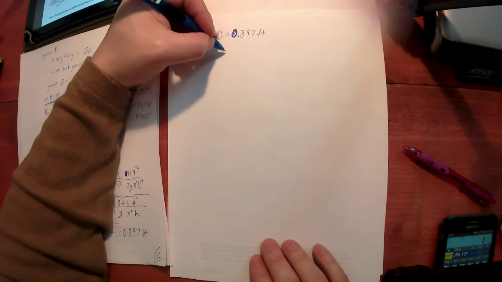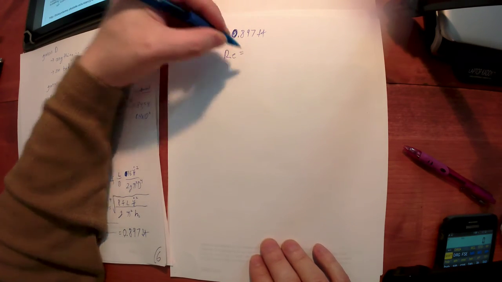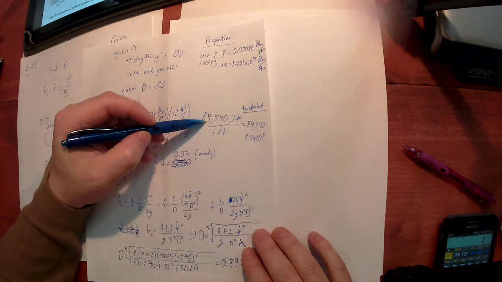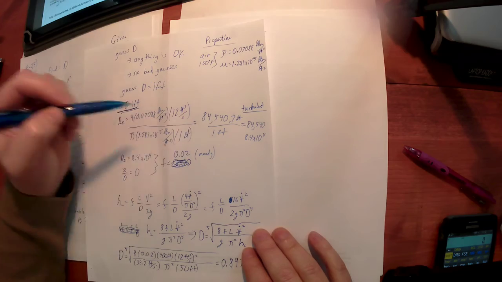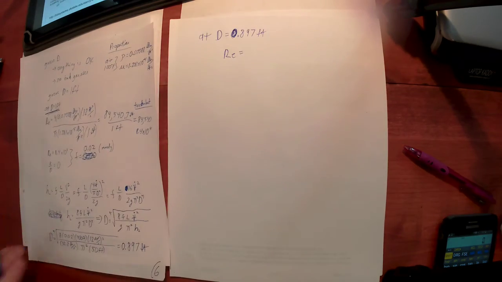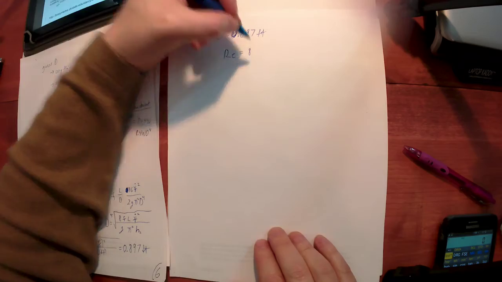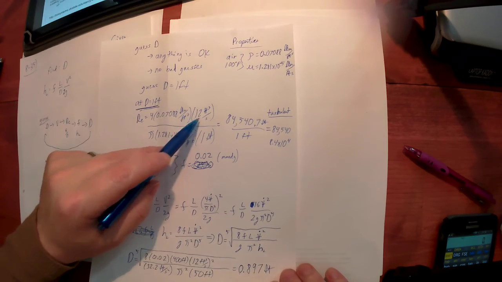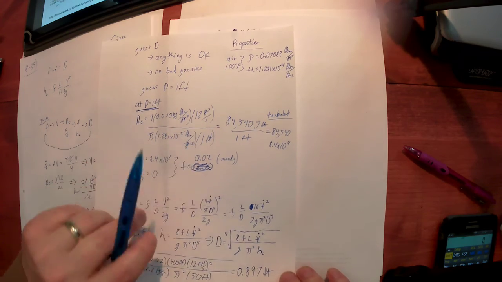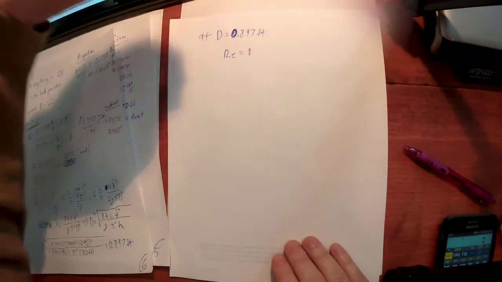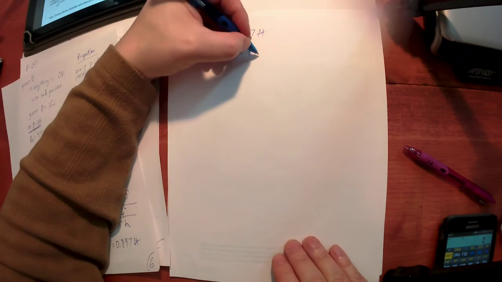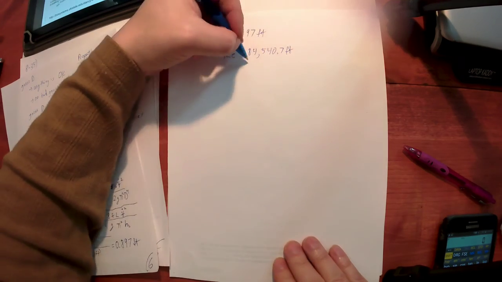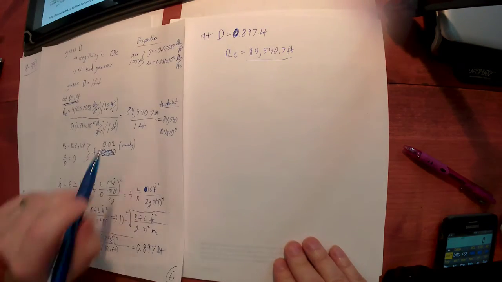So, what do we do now? Well, Reynolds number, we said earlier, is this value divided by whatever the diameter is, and the diameter was 1 foot. Well, that's not our diameter now. So the Reynolds number is, if we simplify all these other numbers, 4 times density times V dot divided by pi viscosity, all those simplify down to 84,540.7 feet divided by my diameter, which was 1 foot.